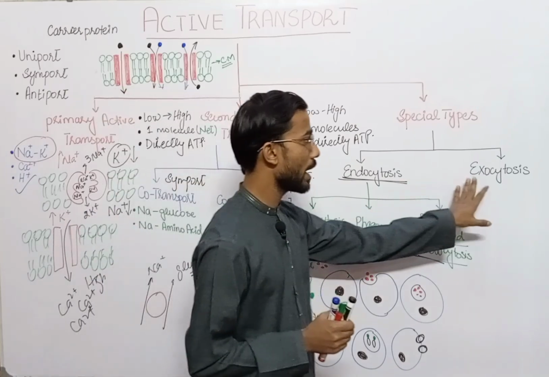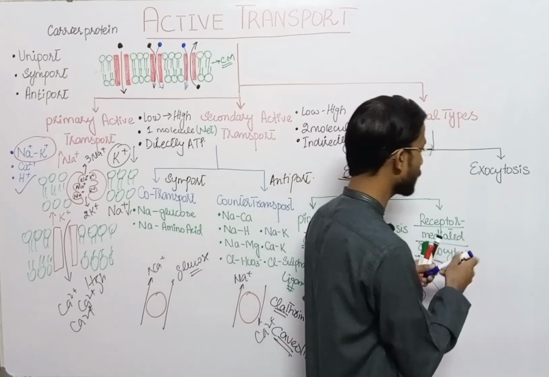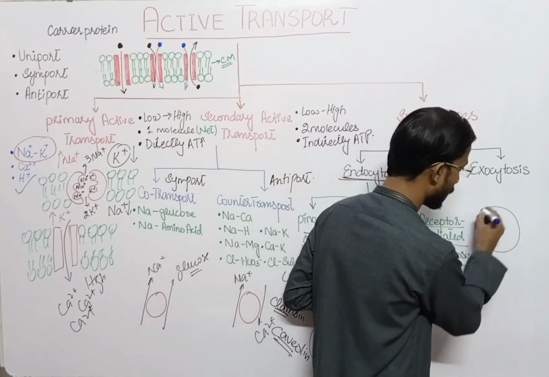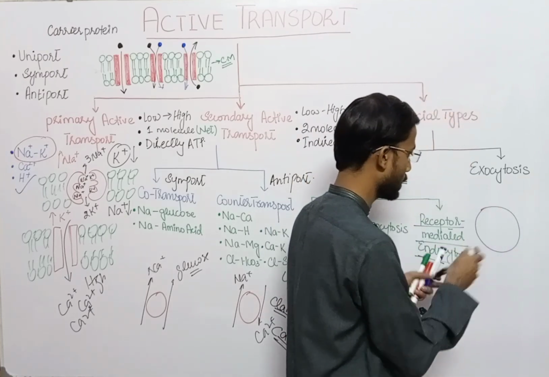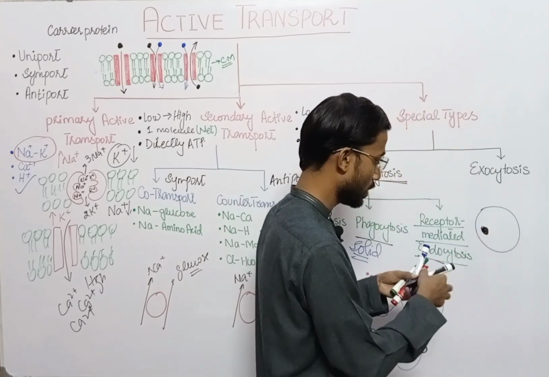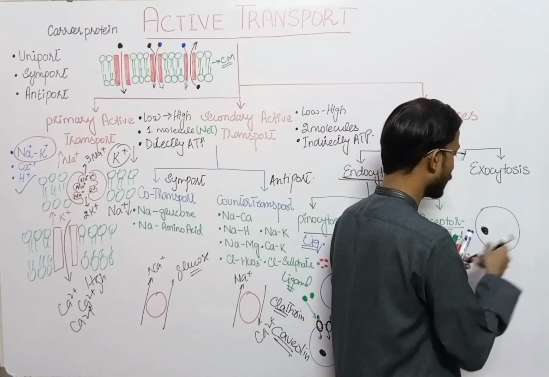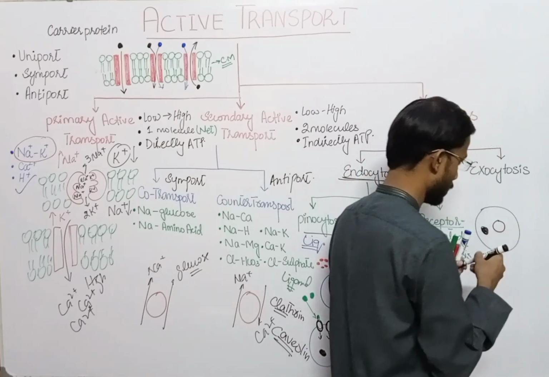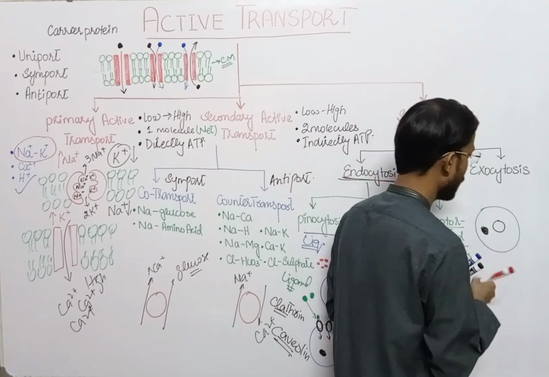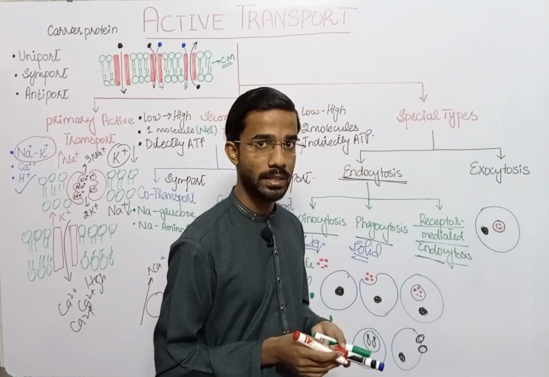So next is the exocytosis. This is the opposite of endocytosis. In that situation, here is the cell and here is the nucleus. The substances which are engulfed by the cell will now leave outside the cell.